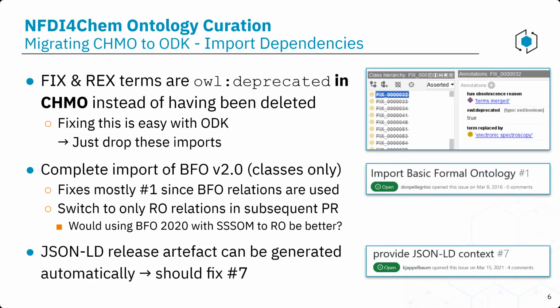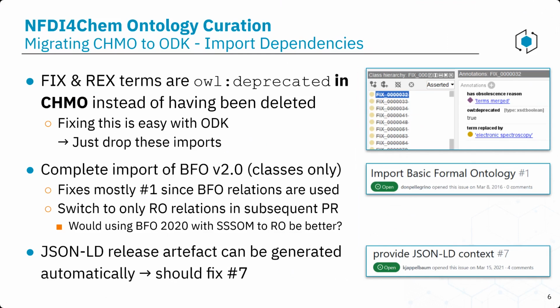However, instead of deleting the old REX and FIX terms, they were marked as deprecated, likely out of caution. But it's important to note that terms should only be deprecated within their own namespace and never elsewhere. So in order to fix this is quite easy. We just drop these import modules.